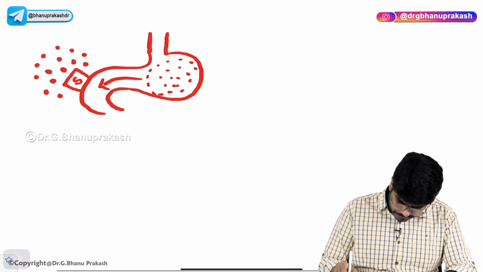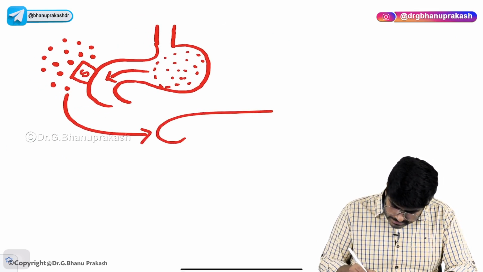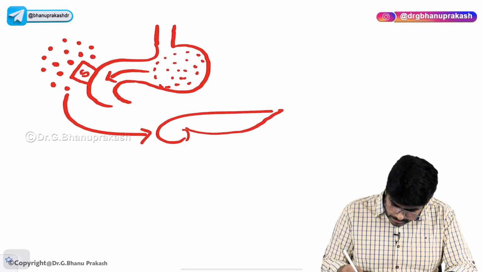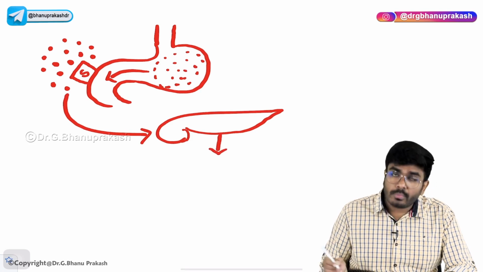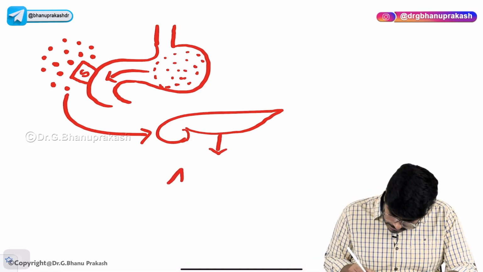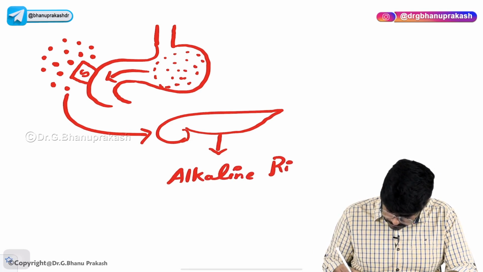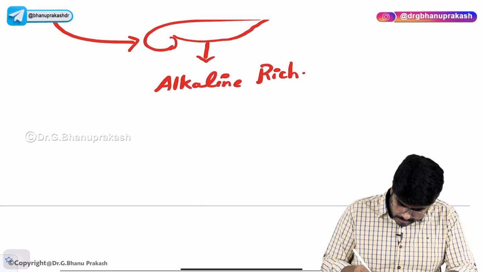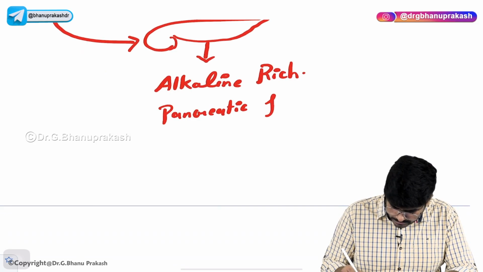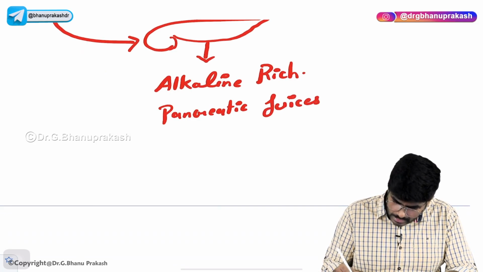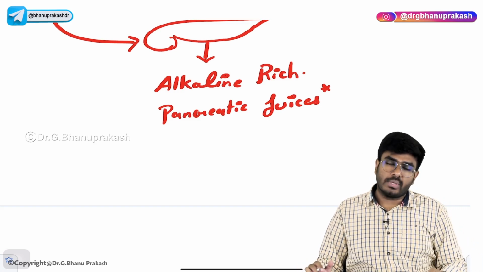Now, this secretin is going to come and act on the pancreas. Now, the pancreas is going to produce alkaline rich pancreatic juices. Now, what exactly is secretin doing?